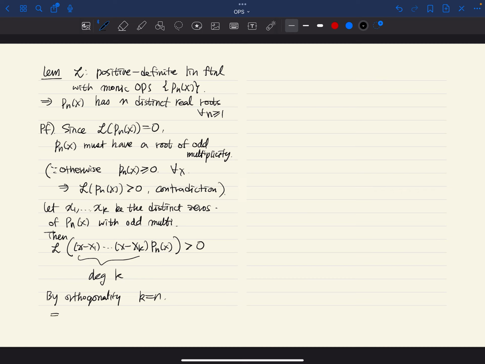That means we have n distinct roots, but that's what we want. So P_n has n distinct roots. So in particular, it only has real roots. There are no complex roots. Distinct real, maybe I should say real zeros. So this is nice.